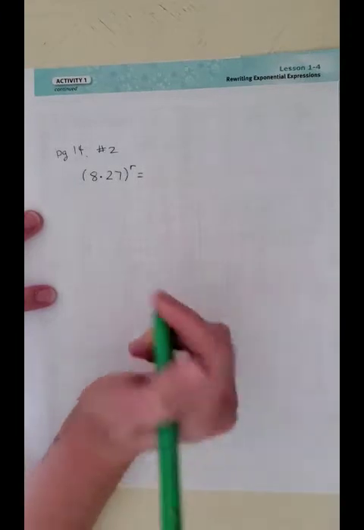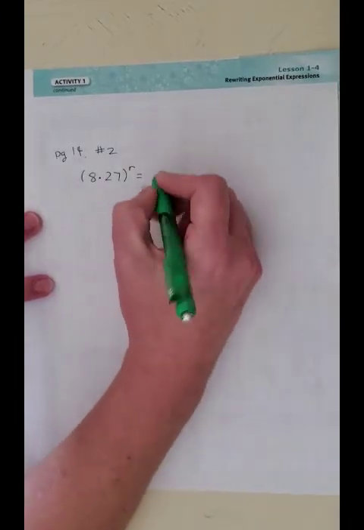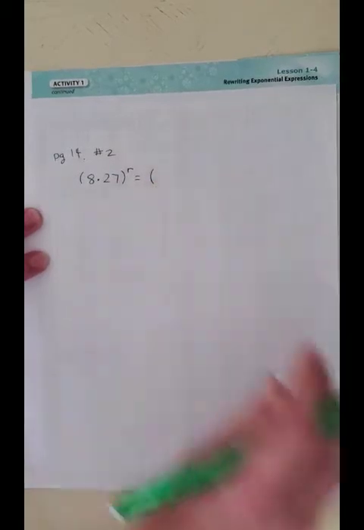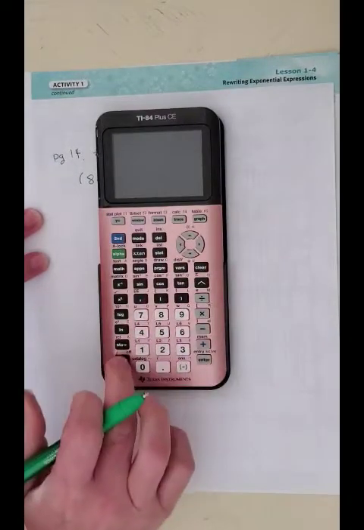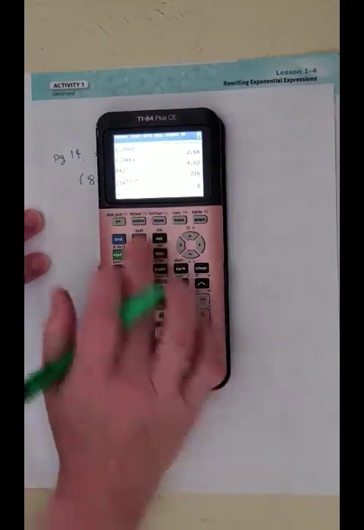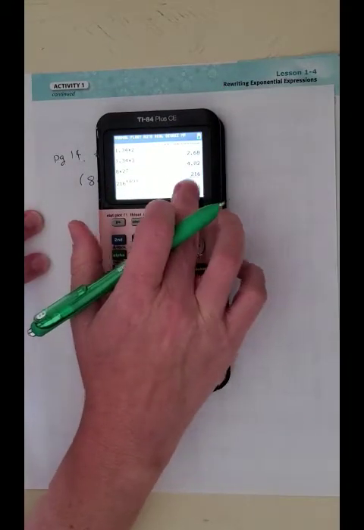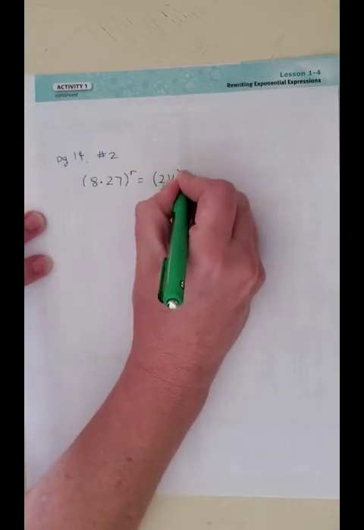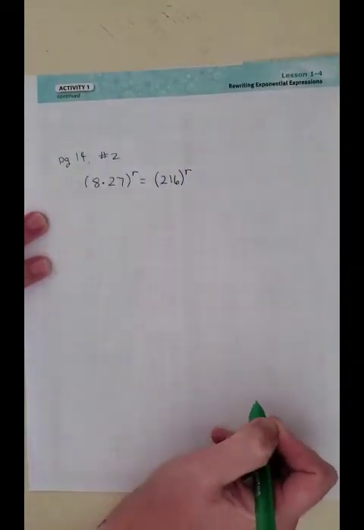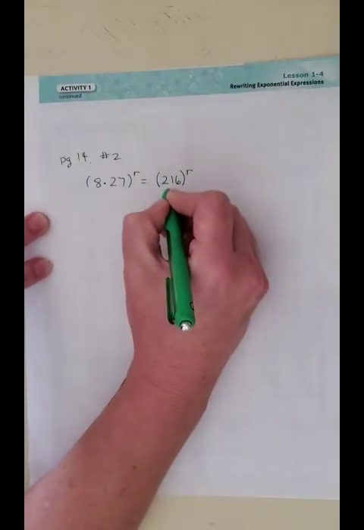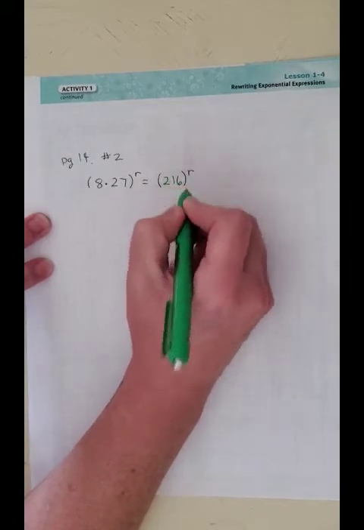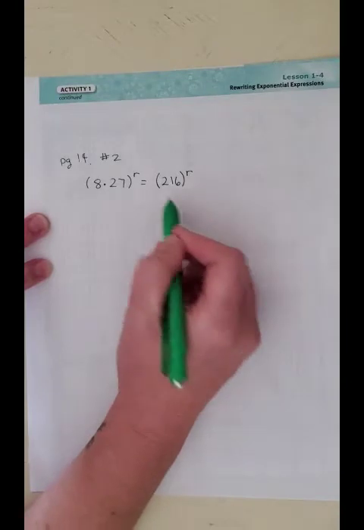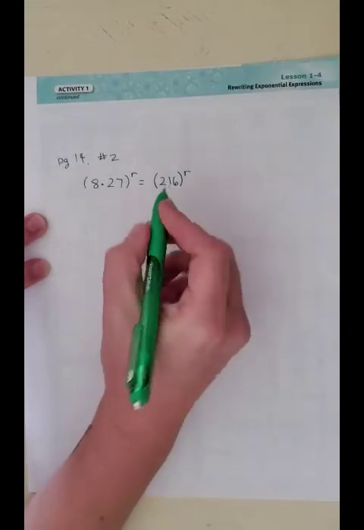So there's a couple ways we could do that. You could write this as, I'm going to multiply 8 times 27. So 8 times 27 is 216. So it's 216 to the r power. And then we could figure out what number, what could we rewrite 216 as?